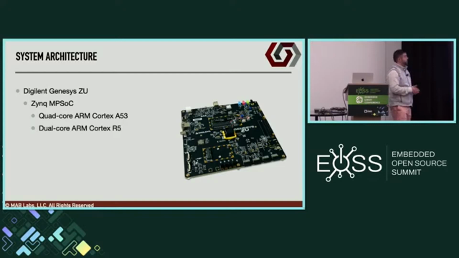So this is the same sort of Xilinx product, but on a different board by a different vendor. It's a Digilent Genesys ZU. It has a Zynq MPSoC, which is essentially a quad-core Cortex-A and a dual-core Cortex-R. So it's not the Cortex-M that we saw earlier in the earlier silicon. This is a Cortex-R, which is meant for real-time operations.